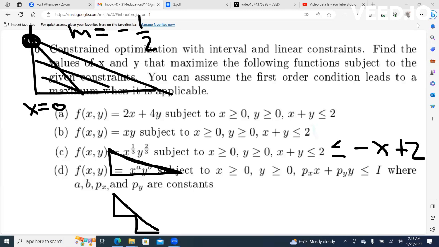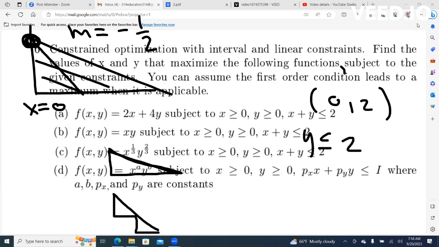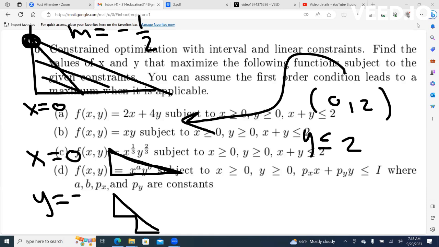So when we plug it in here, when x equals 0, y is less than or equal to 2. That is the point (0, 2). And we plug it in here, so we do get x equals 0 and y equals 2. That's part of our answer.